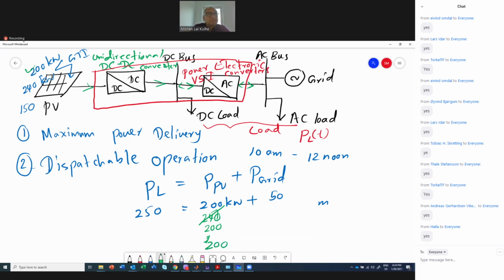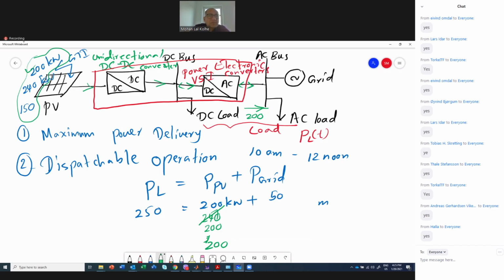Therefore, in the dispatchable operation, the active power is always 200. In the maximum power delivery, we are injecting whatever maximum power is available on the PV panel.